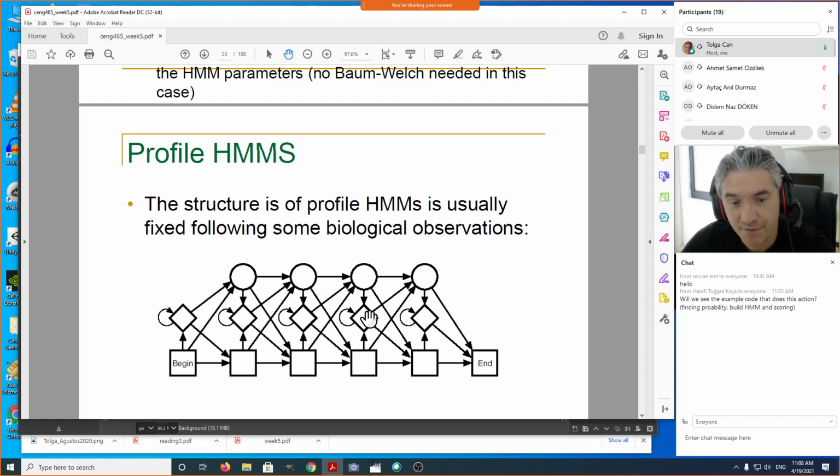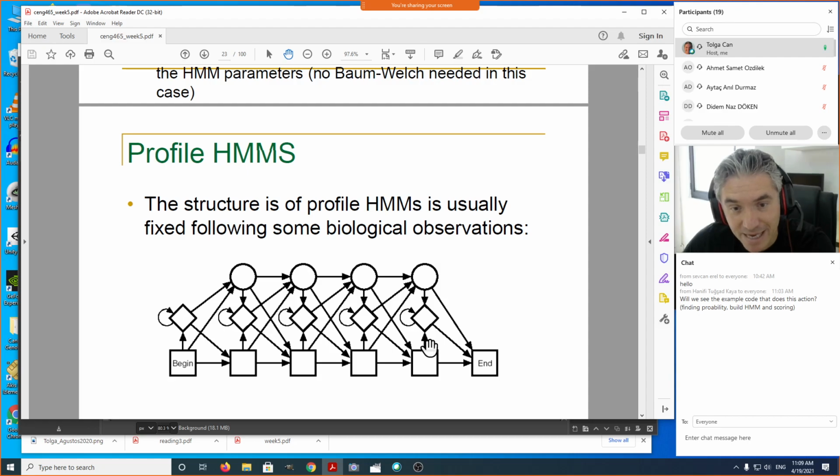For example, if you try to use the insertion state formula for this I0 state, you see that it doesn't work out. There is no match state preceding this I0 state. Actually, there are only two things preceding it: the begin state and itself. So when you're writing the Viterbi recurrence relation for I0, the previous state can either be I0 or begin.